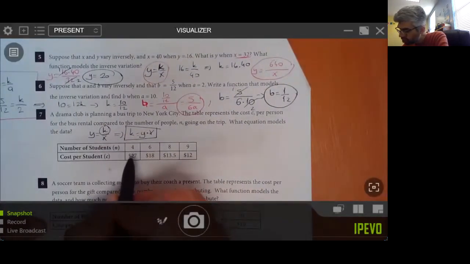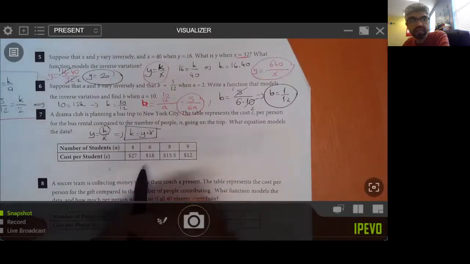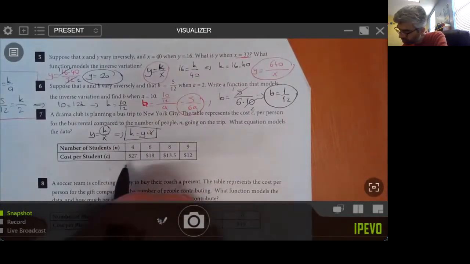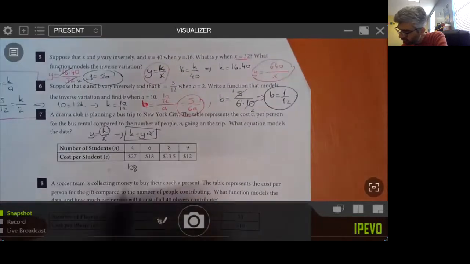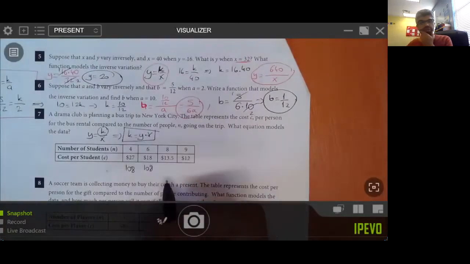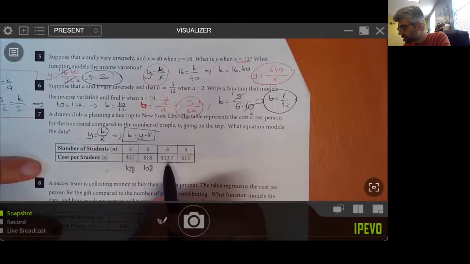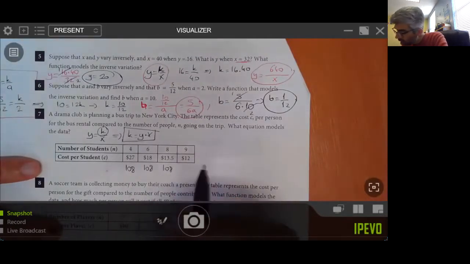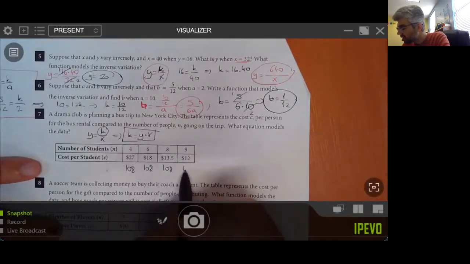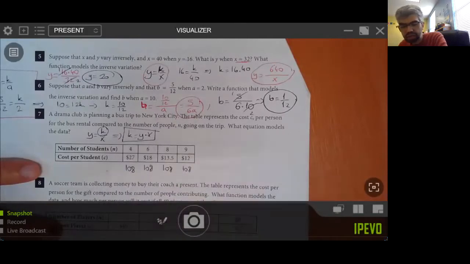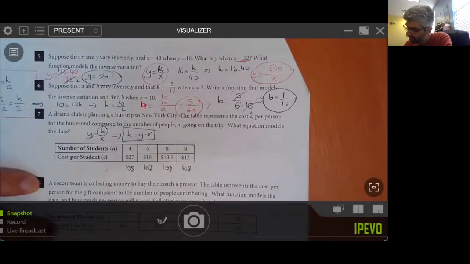So for each situation, if I multiply them, I can find K and choose the accurate one. 27 times 4 is 108. 18 times 6, 108. 8 times 13.5, what does it make, guys? 108. And 9 times 12 is 108. Good. In every situation, we have the same constant.